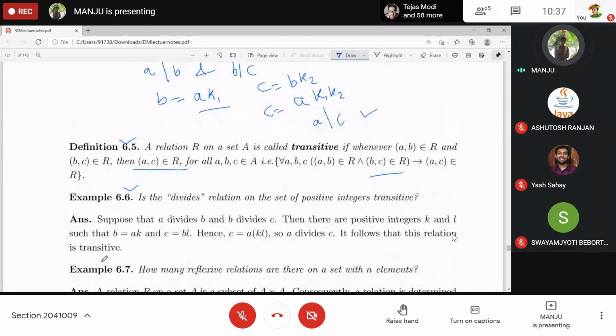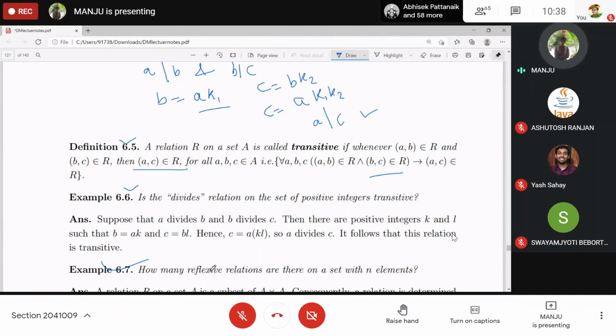Yeah. This one, tell me. This is just counting how many reflexive relations are there on a set with n elements.